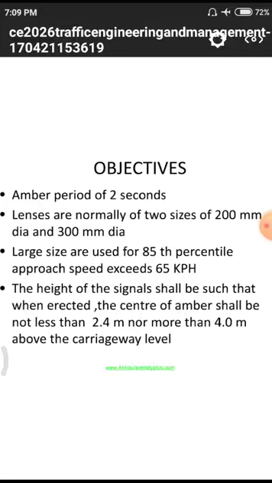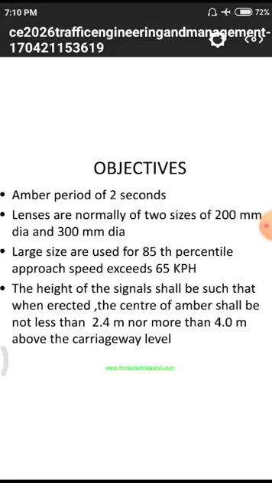Likewise, they use these diameters of lenses for better vision for the road users. Next one, a large size is used when the 85th percentile approach speed exceeds 65 kilometers per hour. Normally, on roads and particular cross sections we have different design speeds, depending on the importance of the roads, whether they are state highways or other roads. On national highways and other highways we won't prefer a traffic signal system.